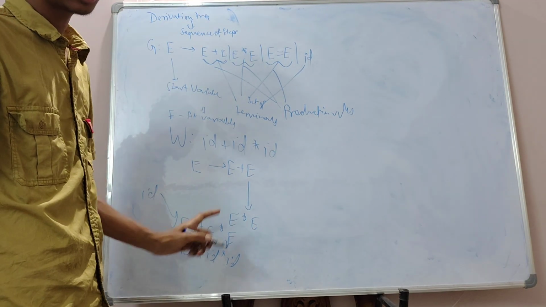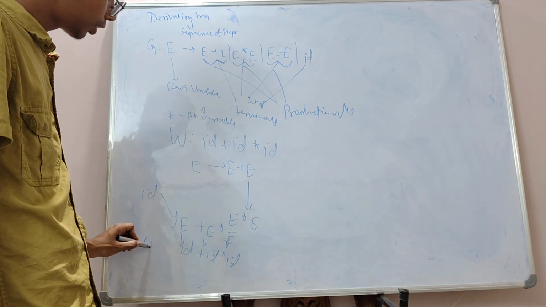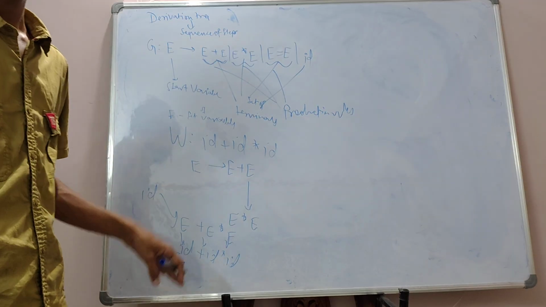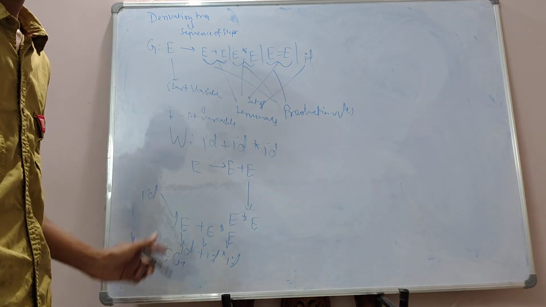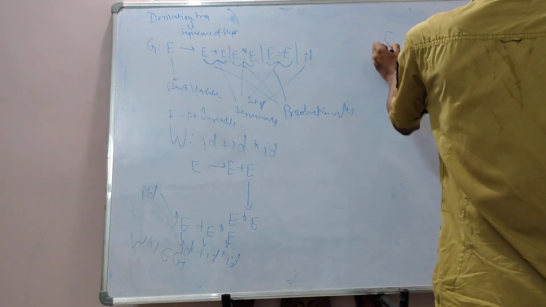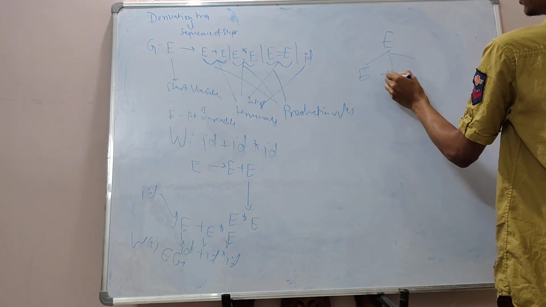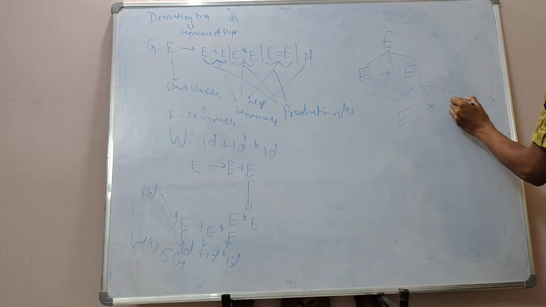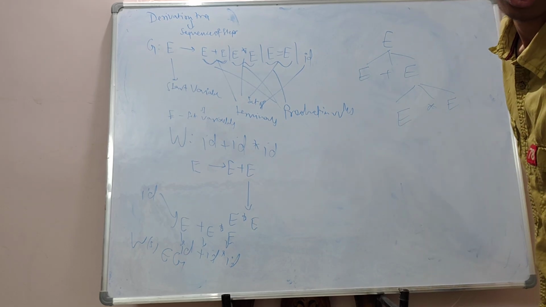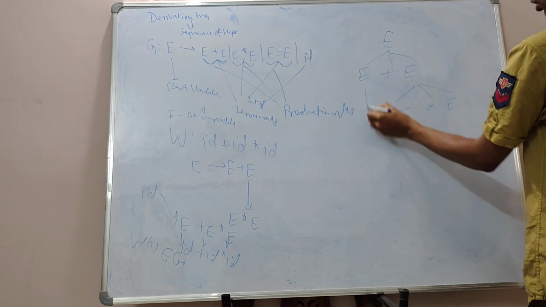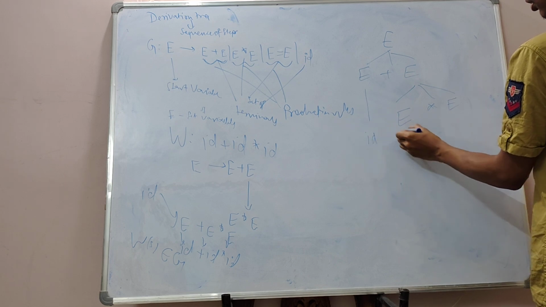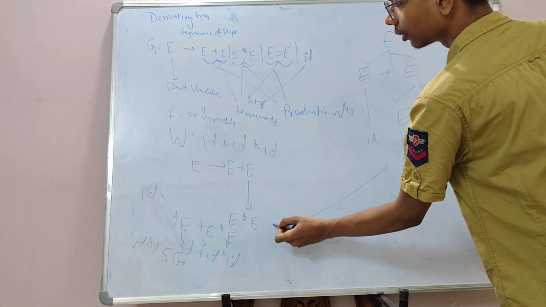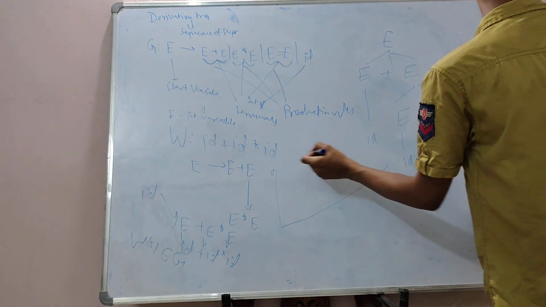So I can say yes, this word belongs to the grammar, and these steps are the derivation. This representation in the form of a tree can be given as E, then E plus E, and this given as E star E, and then each is terminated to ID. So it can be written like this.